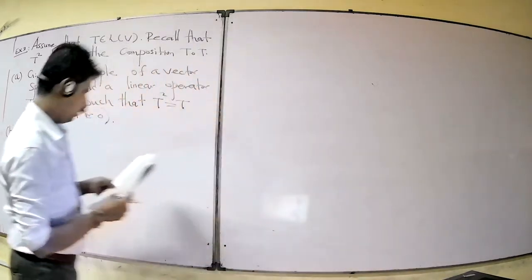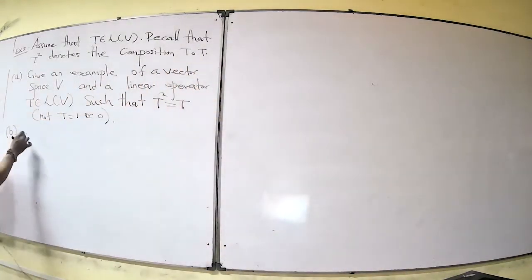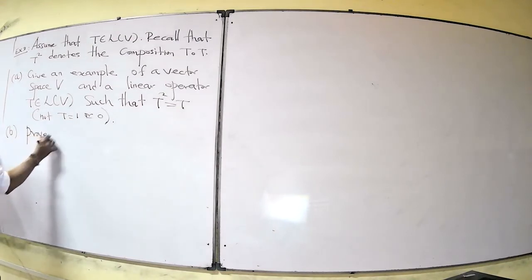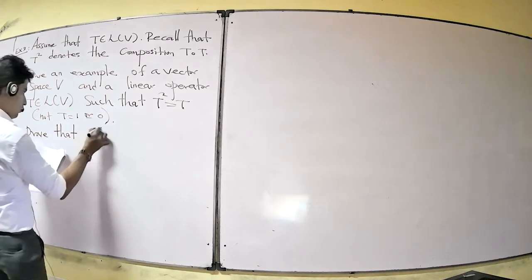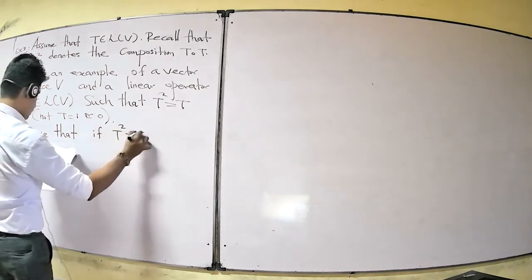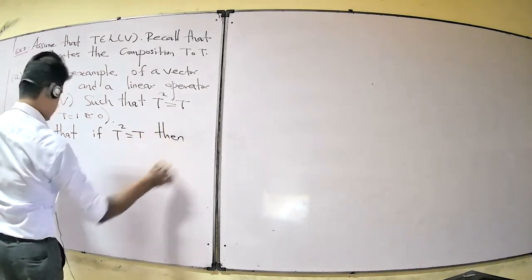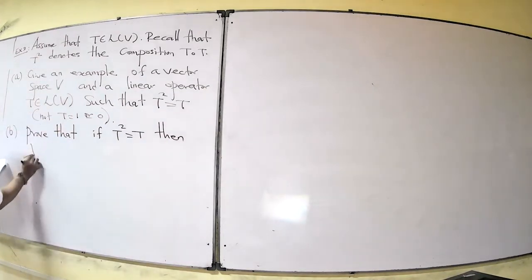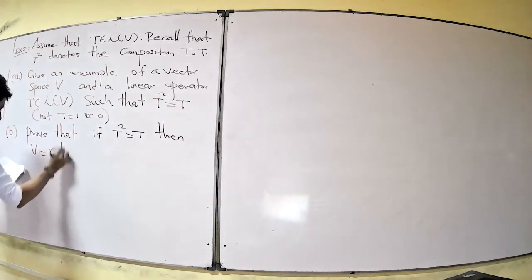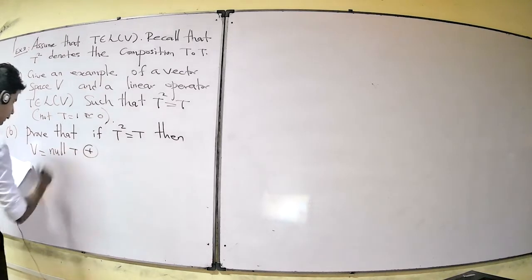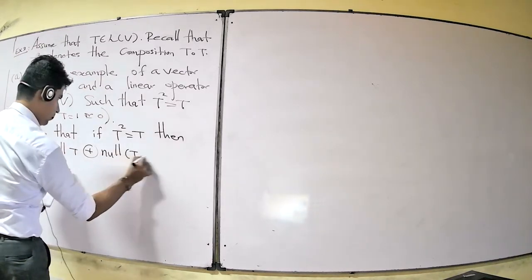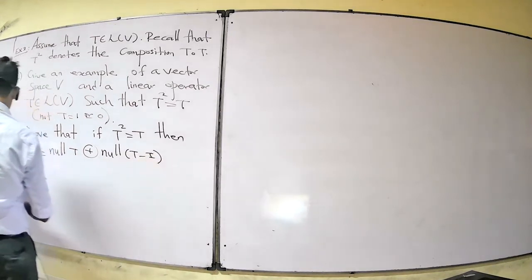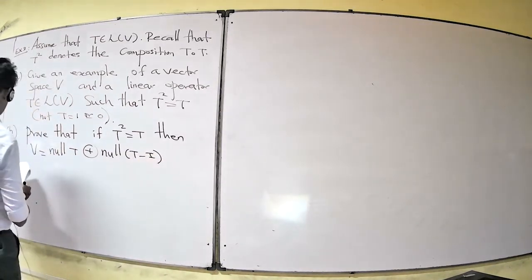Part B, prove that if T squared equals T, then you want to prove that V equals null of T direct sum null of T minus I. Okay, null of T minus I.